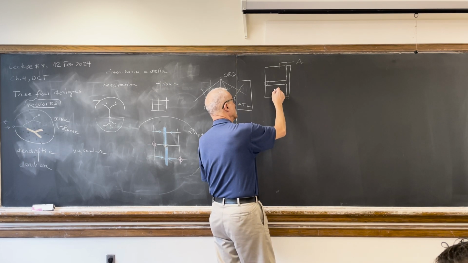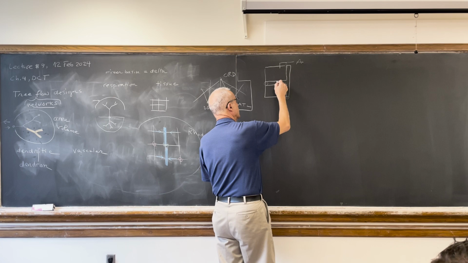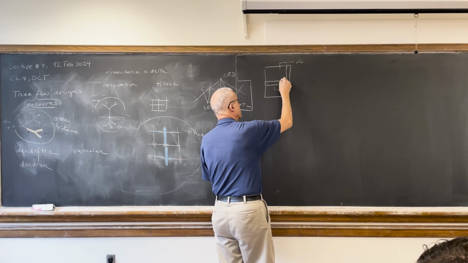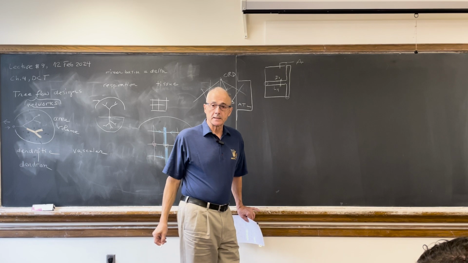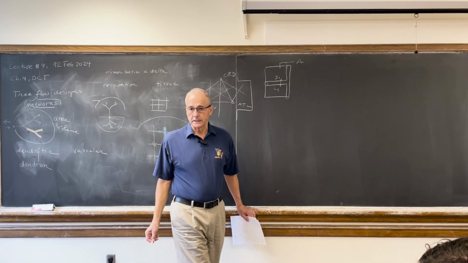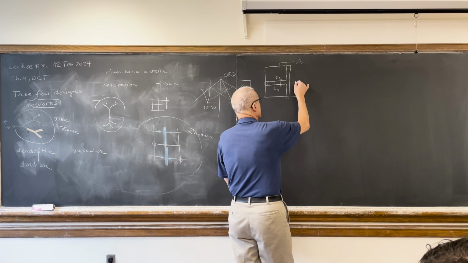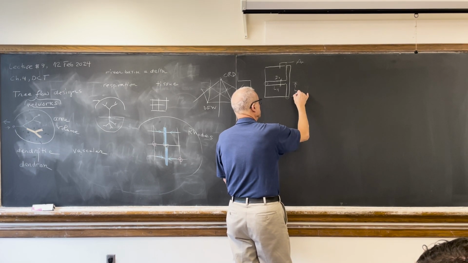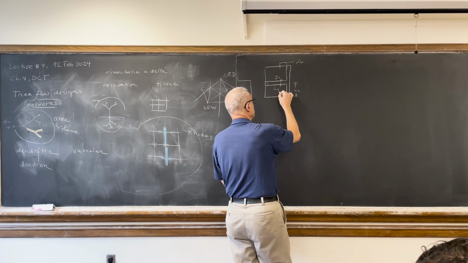The mother tube has the length L1 and diameter D1. And the, let's call them two branches or two tributaries, have the same length called L2 and diameter D2.